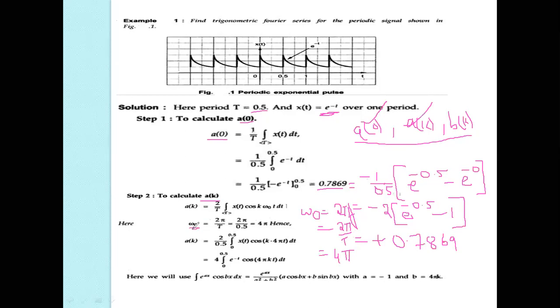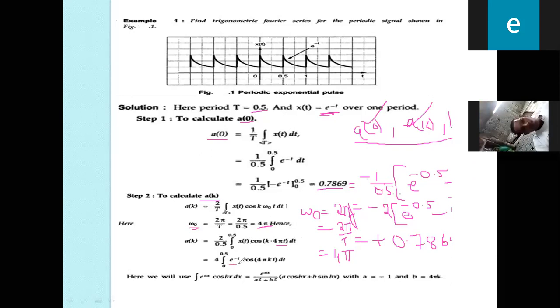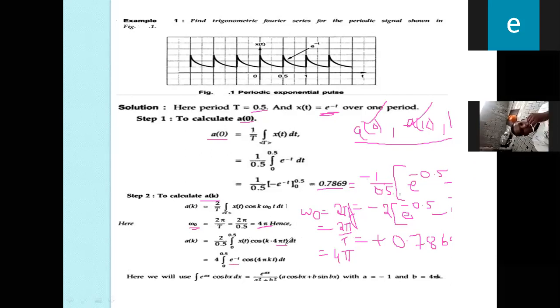So omega naught is equal to 4 pi. Substitute here cos k 4 pi t dt. And x of t is equal to e power minus t. So we get e power minus t cos 4 pi kt into dt.